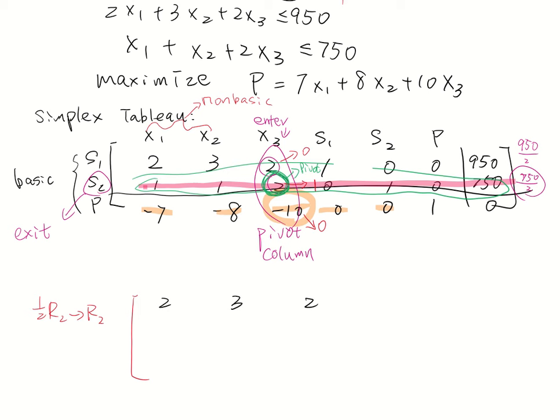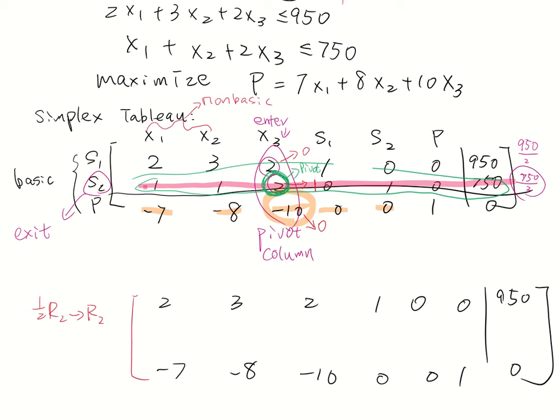Let me write row 1 again. Row 3 doesn't change. And row 2 will be multiplied by 1/2. So 1/2, 1/2, 1, 0, 1/2, 0. And 750 divided by 2 is 375.